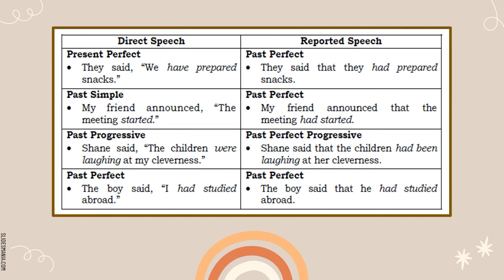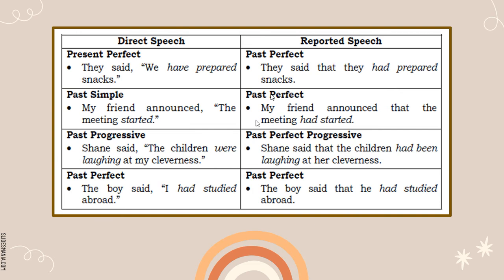My friend announced that the meeting had started. Okay? So, from the word started to had started. Past simple direct speech, if you're going to report it or change it into indirect speech, then it shall be going to past perfect. From past simple to past perfect.